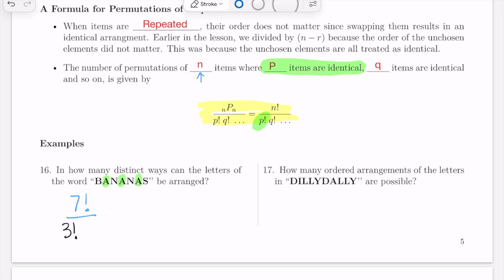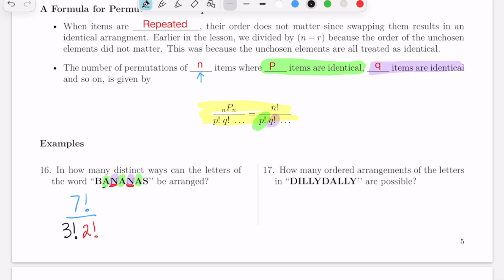It also said look out to see if there's other numbers or letters or items that are identical. Notice that if we have more, we just keep going. So here I have an N and an N. Those are identical. So I will also put a 2 factorial down here as well. So the 2 factorial represents the fact that the N's are repeated.